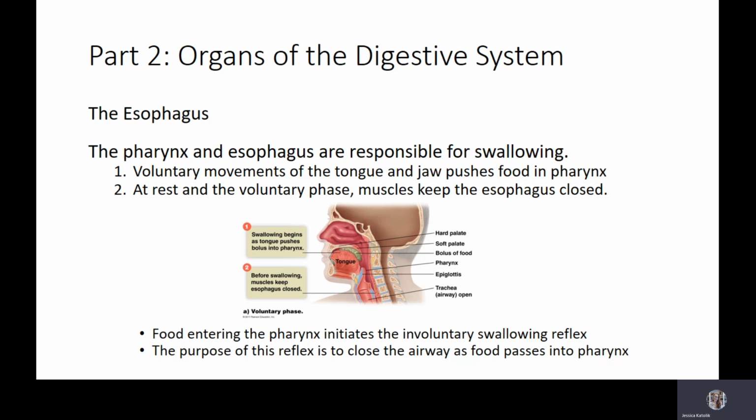The purpose of this reflex is to close the air passageways into the nasal cavity and into the larynx, so that food is going to be directed into the esophagus and into the stomach eventually. We don't want food getting into our nose or getting into our larynx and our air passageway. That would not be a good thing.